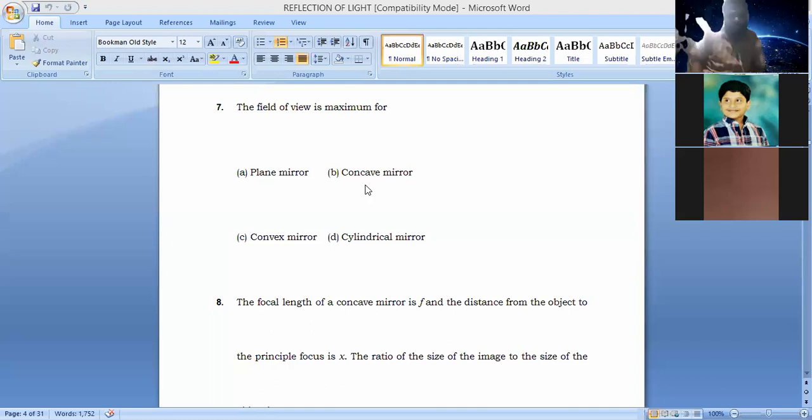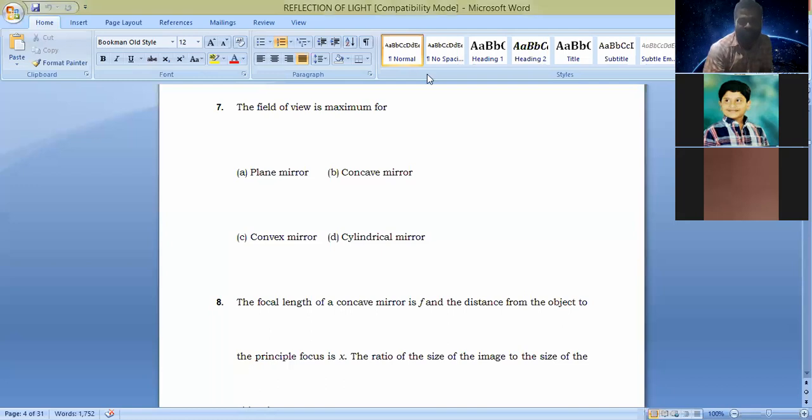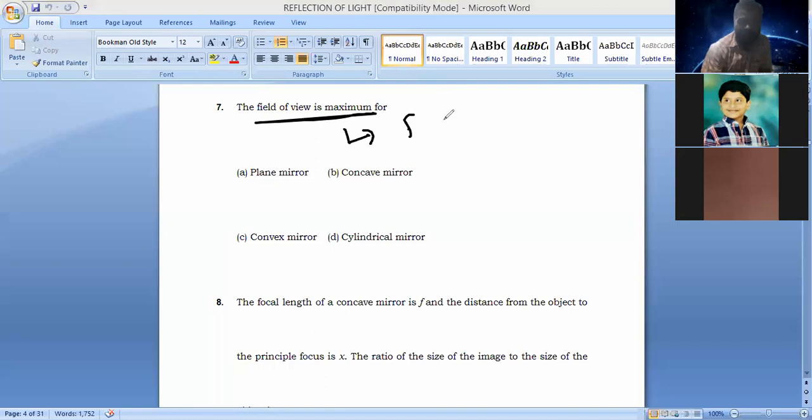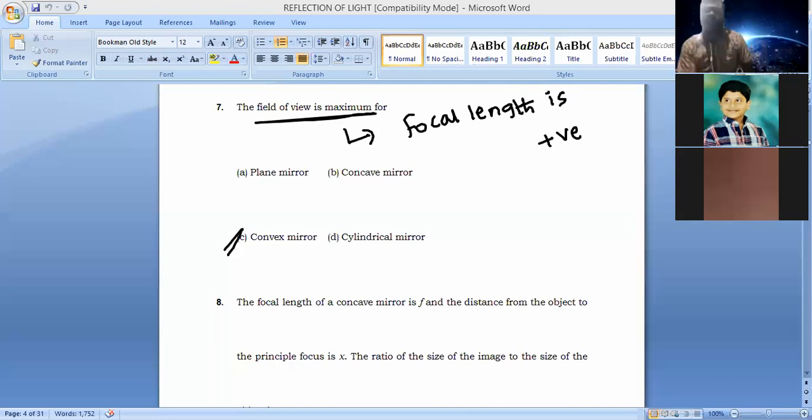That's why field of view is maximum for positive focal length. In which mirror is focal length positive? Convex. For a convex mirror, focal length is positive. So field of view is maximum for the convex mirror.